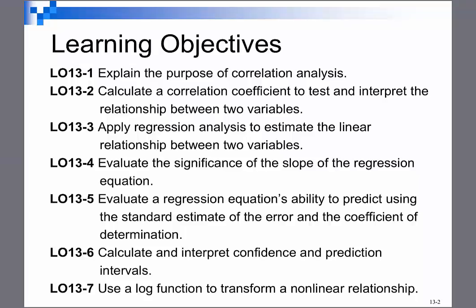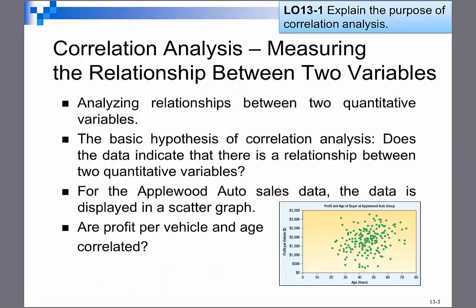So you can see some of our learning objectives: explaining the purpose, calculating a correlation coefficient to test and interpret a relationship, and applying regression analysis. If we're talking about a correlation analysis, we want to measure the relationship between two quantitative variables.